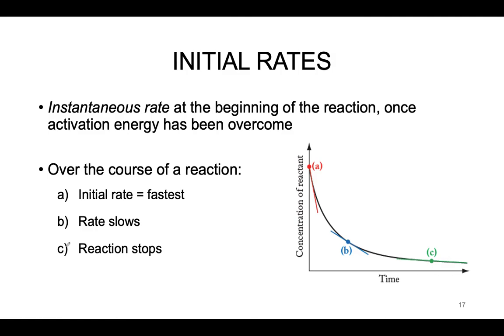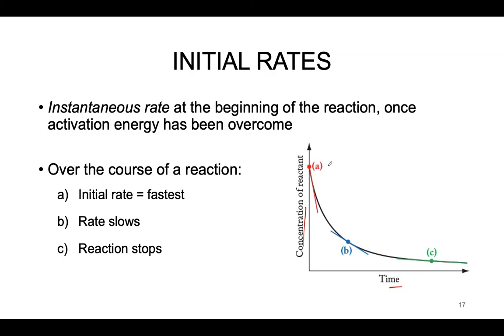So moving forward, it's going to be really useful for us to start thinking about these changes in concentrations over time as the tangent to the curve of concentration versus time.